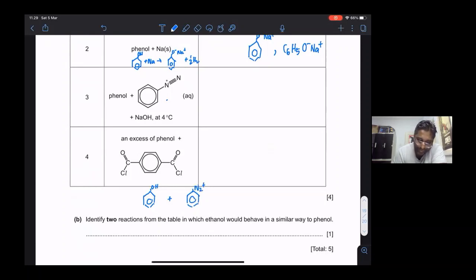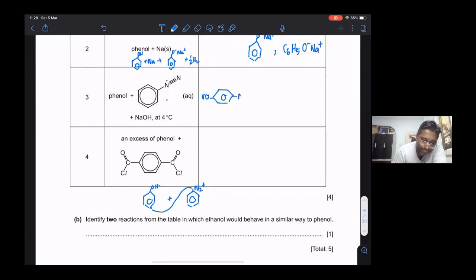So what will happen? This one will stay. One of the hydrogen will be gone, and they will form a bond over here. You are going to get OH here. Position number 4 will be activated.